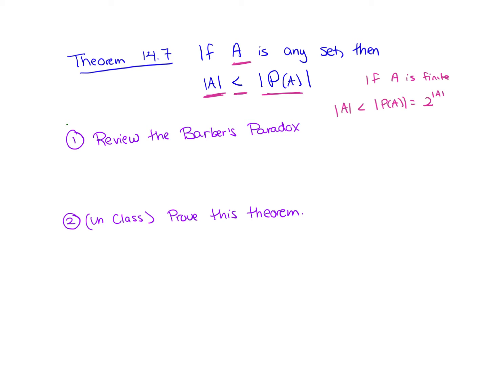But we have to do this more carefully when we're dealing with infinite sets. So I need to show that there is an injection from A to its power set, but it's completely impossible to find a bijection.